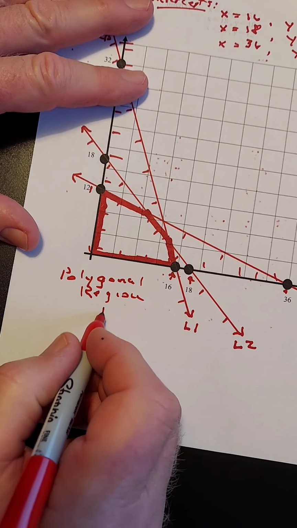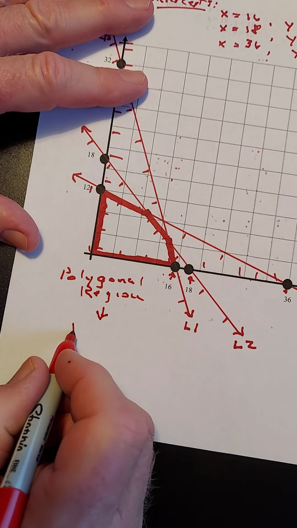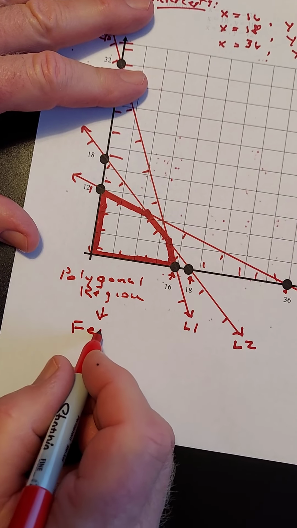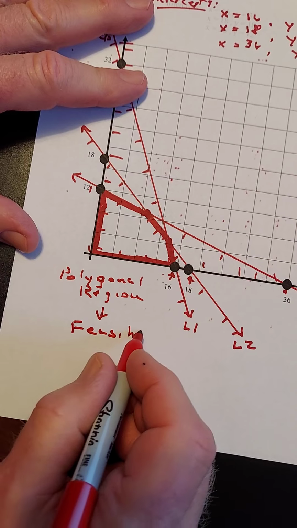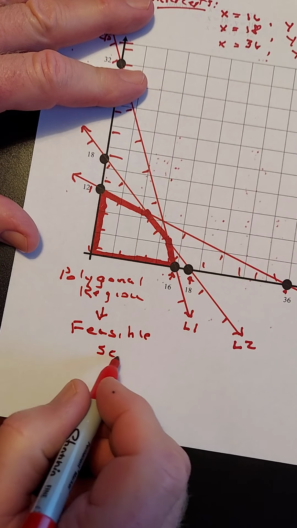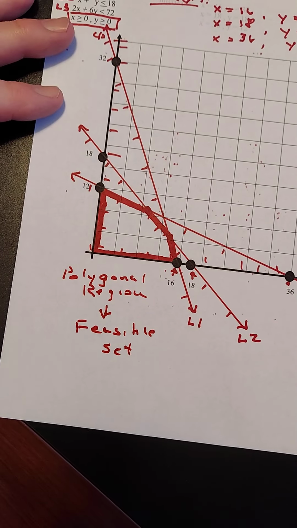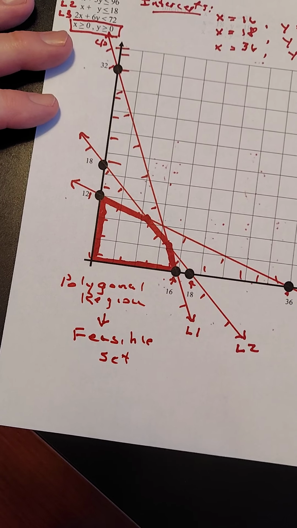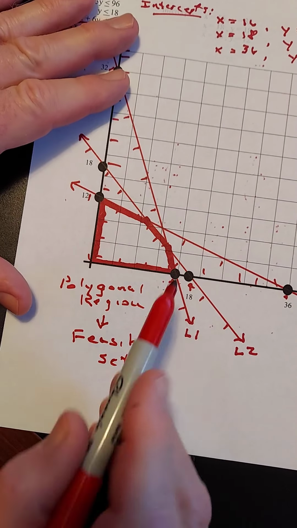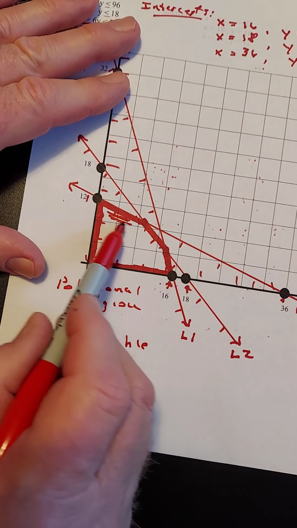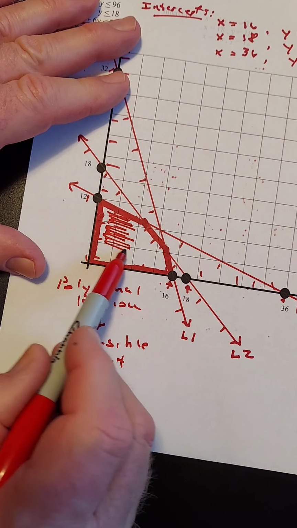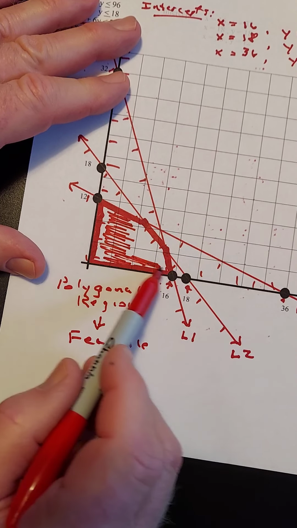And that polygonal region, we talked about this earlier, but that's your feasible set. Sometimes called a feasibility set. And if I wanted to finish this off right, then I'm going to shade in everything inside that polygon.